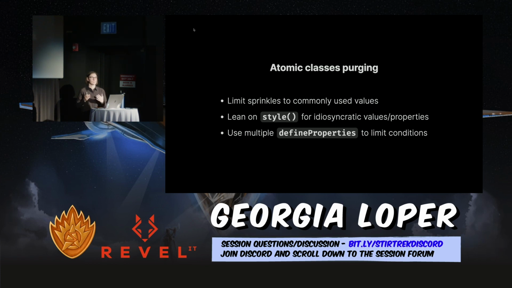I still use .css.ts files for more idiosyncratic styles. I also can use multiple defined properties if I have properties that I know I want to style that won't be different across my various conditions. I could just generate those with no media queries, so reduce the amount of classes being generated by a third.